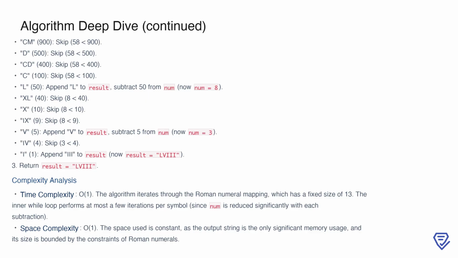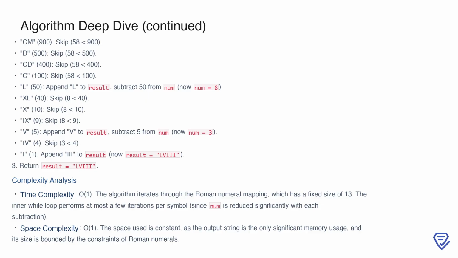Moving forward, we skip XL and X because their values are also greater than 8. Upon reaching V, which represents 5, we append it to result and subtract 5 from number, leaving number as 3. Finally, we append three I's to result to account for the remaining value of 3. The final Roman numeral is LVIII.